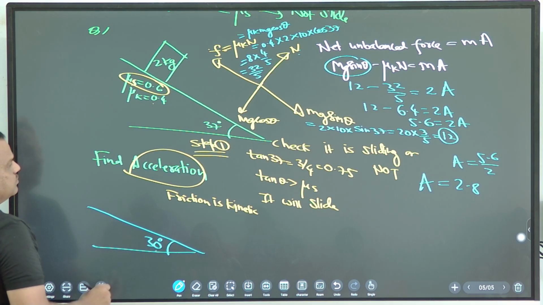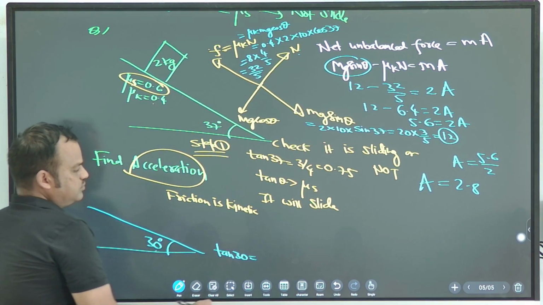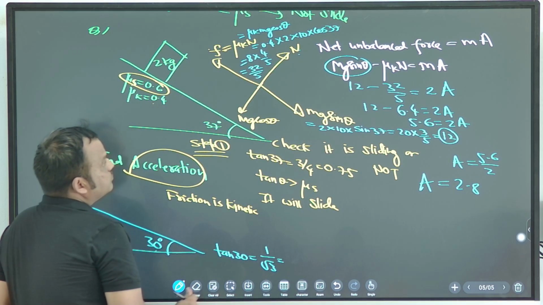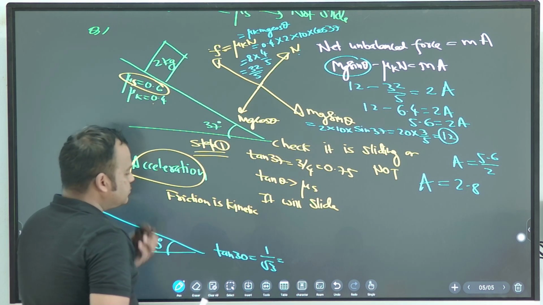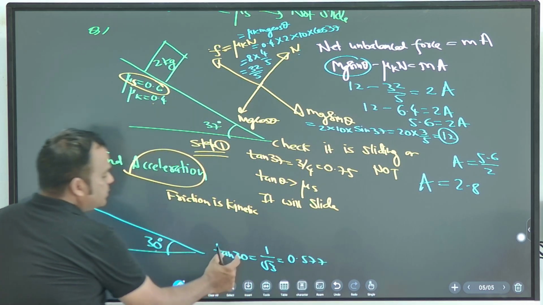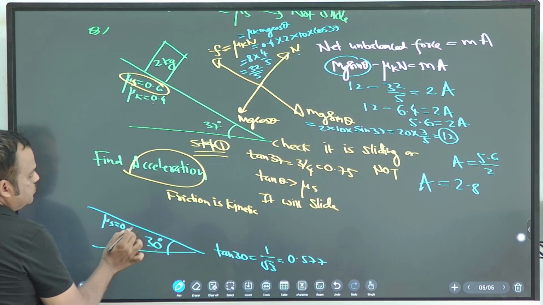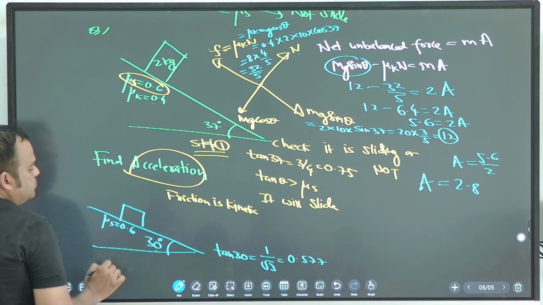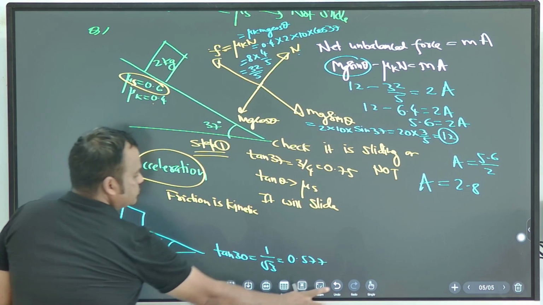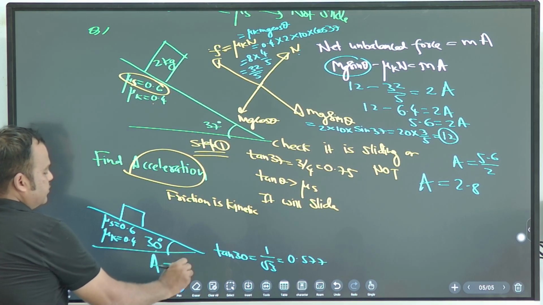What is tan 30 value? 1 by root 3, in decimal how much? 0.577. So tan 30 is 0.577 and mu s I am giving 0.6. So will it slide or not? No slide. So what is the acceleration? 0. So in this case acceleration is 0. Okay, clear?